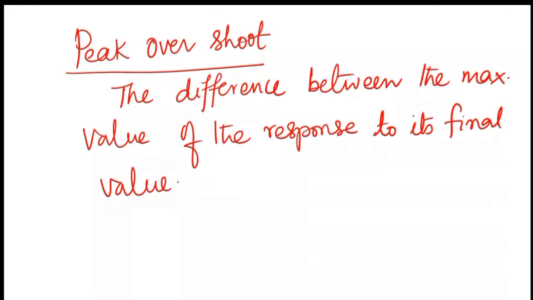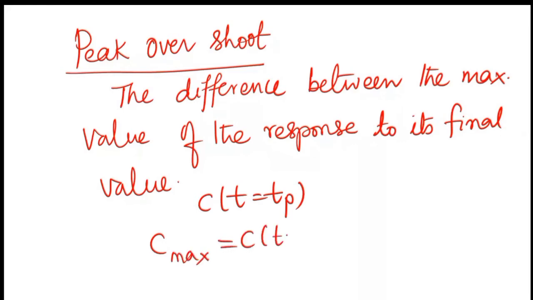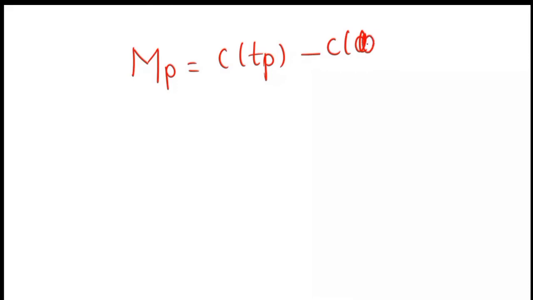So, the response will attain its peak value, or maximum value, when t is equal to tp. So, c of tp is equal to c maximum. The peak overshoot is represented with Mp. So, peak overshoot Mp is equal to c of tp minus c of infinity.